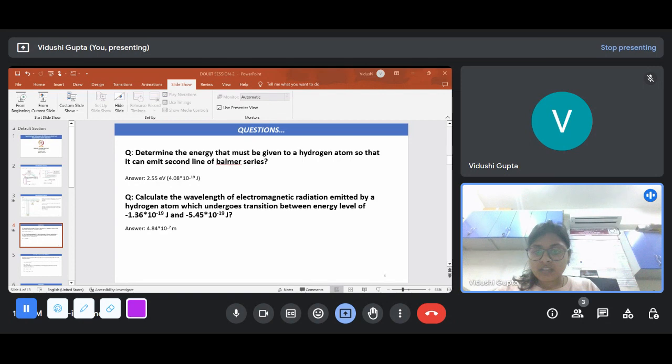So the next question is this one. So here we have to calculate the wavelength. We know this formula, energy is equals to minus 13.6 electron volt divided by n square.